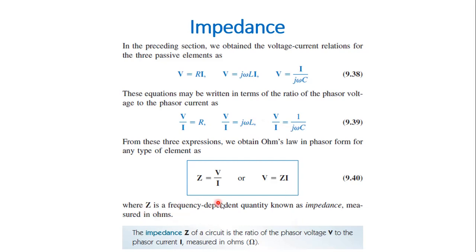So Z is always a frequency dependent quantity, and the unit of impedance is measured in ohms. So this is the definition of impedance: the impedance Z of a circuit is the ratio of phasor voltage to the phasor current, measured in ohms.